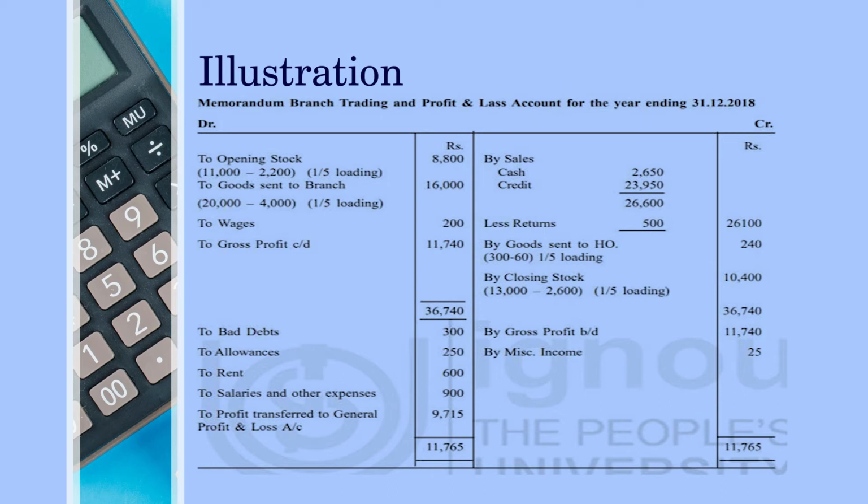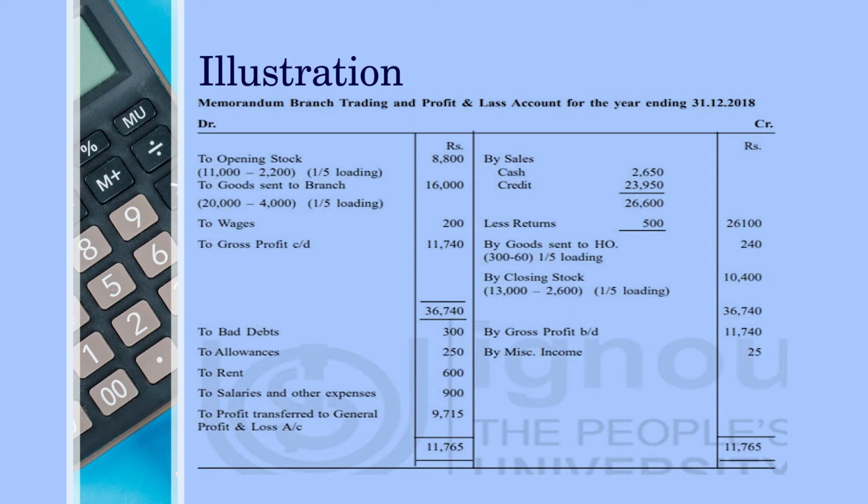Yes, allowances to customer 250. To rent 600. So rent paid must be given. Yes, rent paid 600. To salary and other expenses 900 must be given in the question. Kindly check it. Yes, salary and other expenses 900.